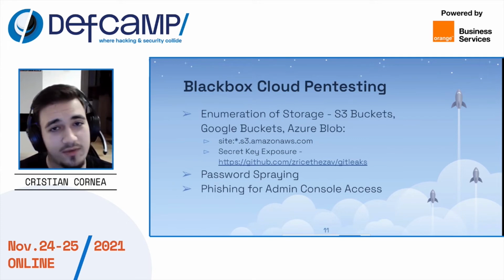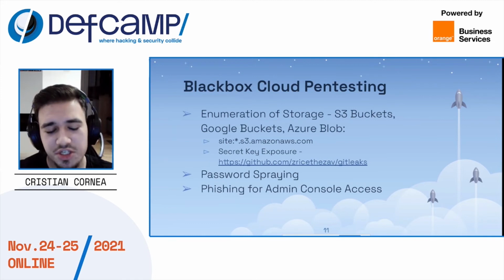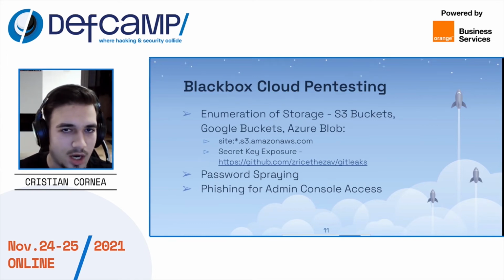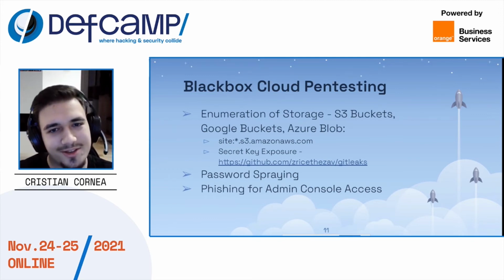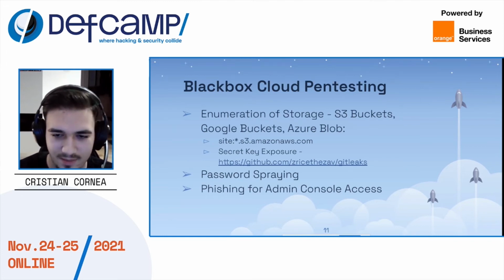And even if you say, okay, how can we phish admin accounts for their access if they have MFA in place? There is a very simple way to do that. We have a specialized tool to do that, to get also the access token into the cloud admin console, even if the accounts are using MFA, and we'll look at that a bit later.